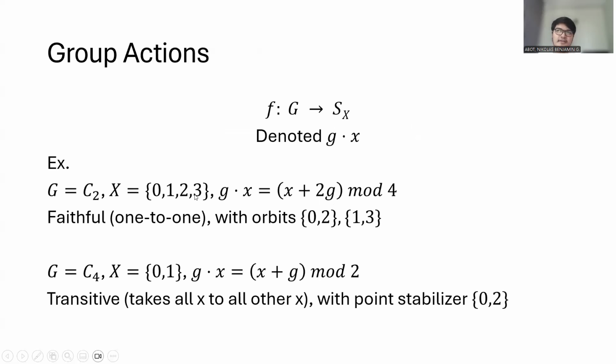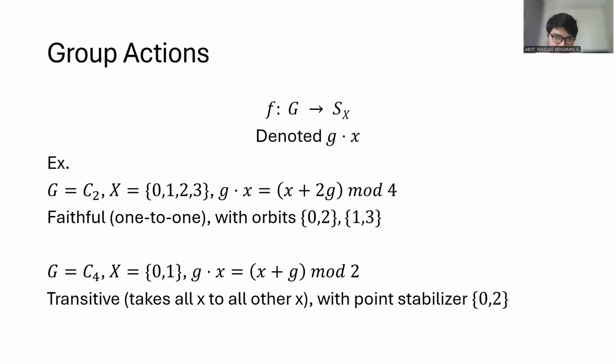Lastly, we'll consider group actions, which is how we are considering the affine transformations as symmetries acting on our sets, namely caps. Here, a group action is a homomorphism from a group to the symmetric group of a set X, where we denote the image of the permutation corresponding to an element g of an element of the set X as g dot x.